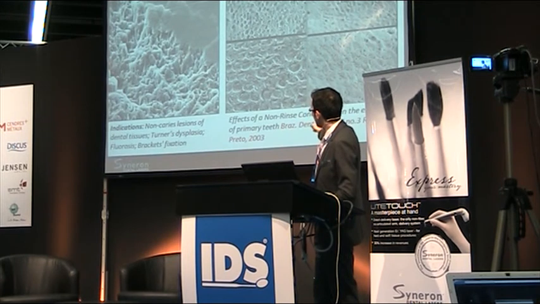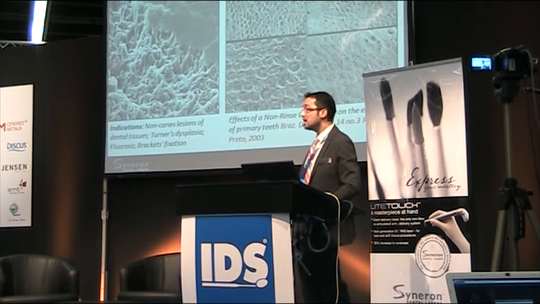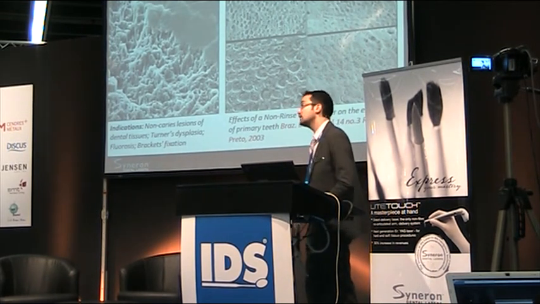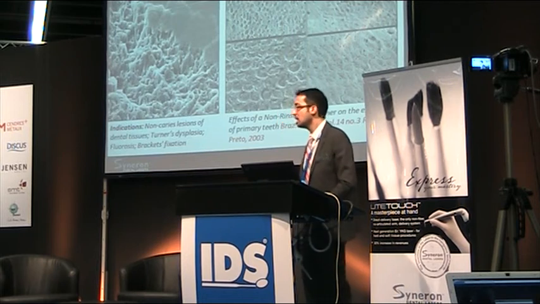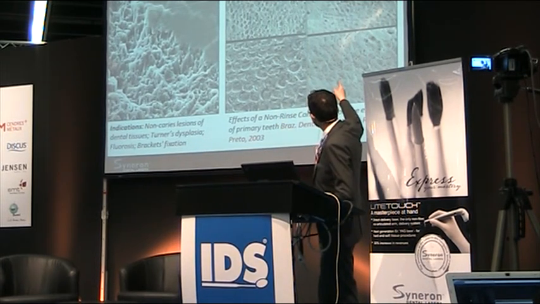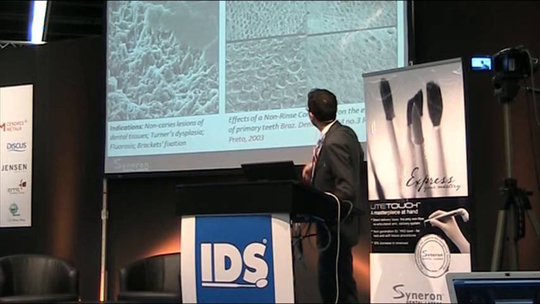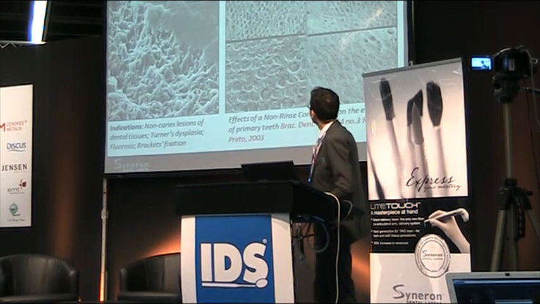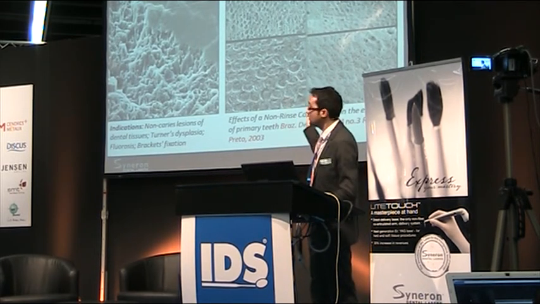This is taken from one Brazilian dental journal. On the first pictures, you can see the effect of etching with 37% orthophosphoric acid, and here a non-conditioner etchant is used, and you can see the differences.